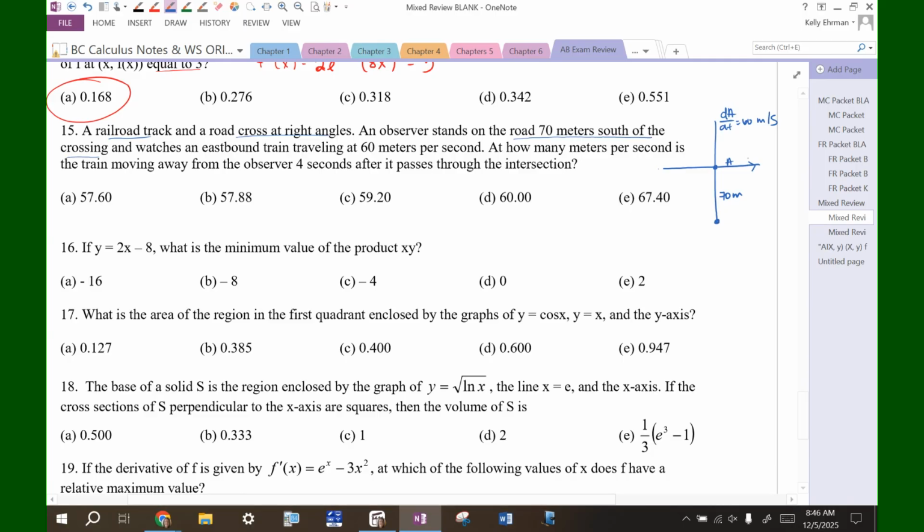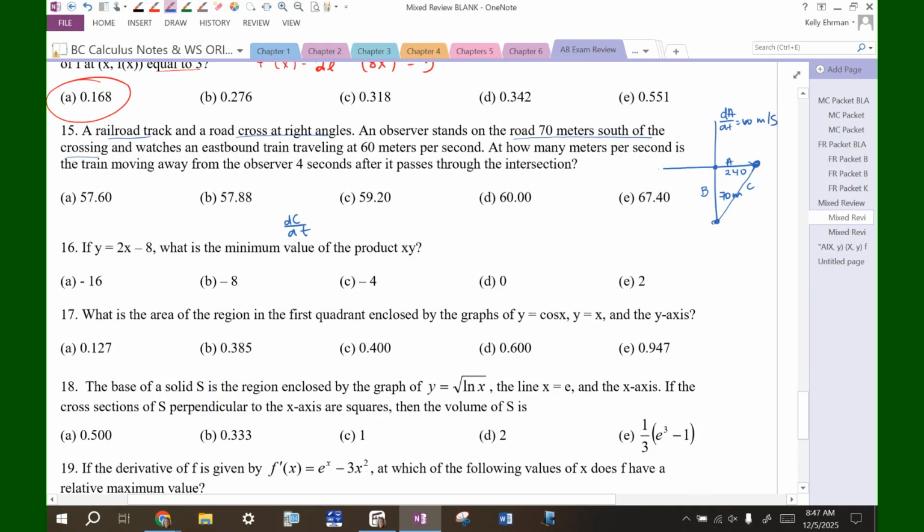How this distance here at t equals 4 would be 240, right? And we'll call this observer B, and we'll call this distance C that we don't know. At how many meters per second is the train moving away from the observer? So the distance between the train and the observer is c. So this is asking for dc dt. I know that's a little bit confusing, but that is our unknown here.